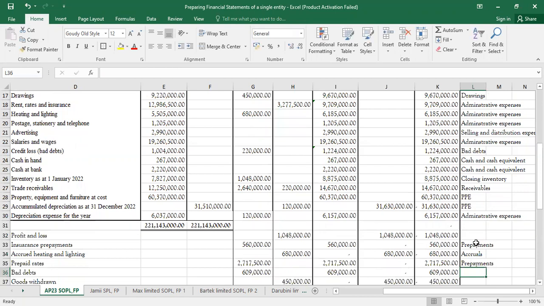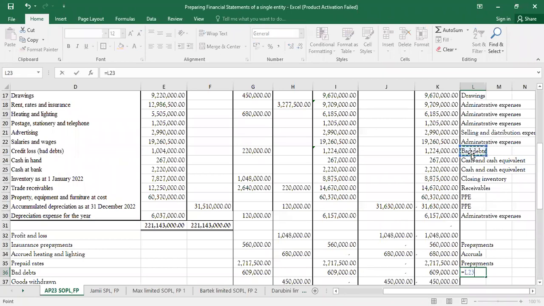Sorry. So you can see that we made some error because you can see these bad debts. We also had a bad debts account, isn't it? There's no error, because we could have added here the 609. To correct this, I'll name the account the same as that one.